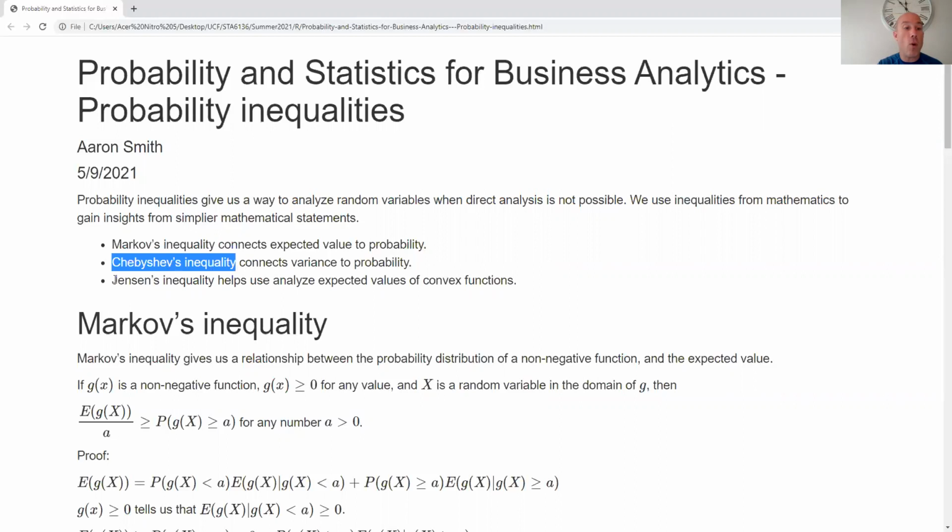Now, Jensen's inequality helps us analyze expected values in terms of convex functions. If I start digging into some aspects of calculus, I have integration, which is a limit every single time. Anytime I have anything involving infinity, I cannot switch the order of things.